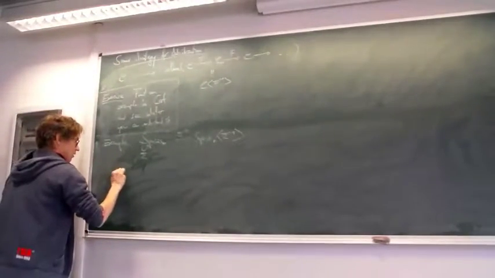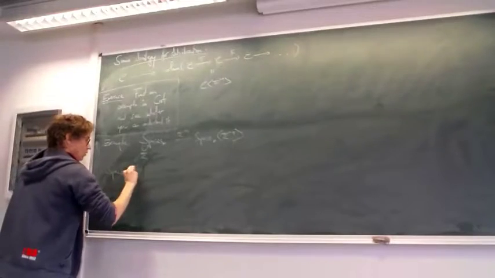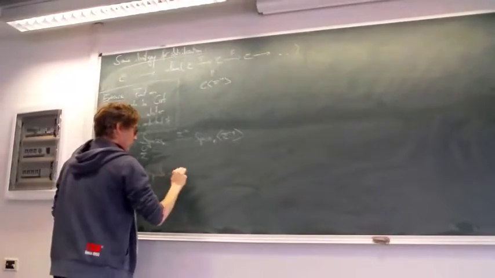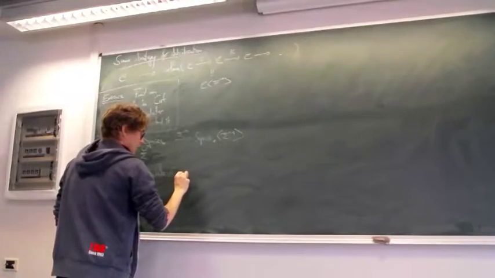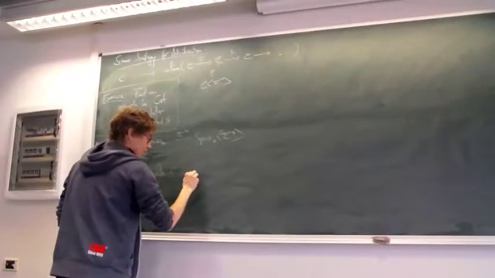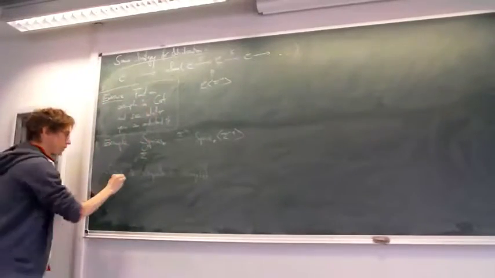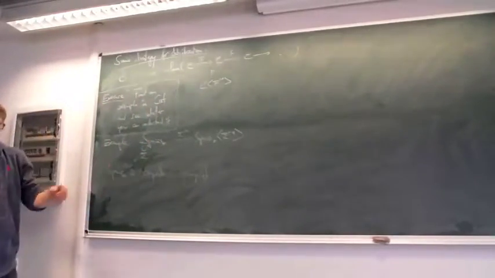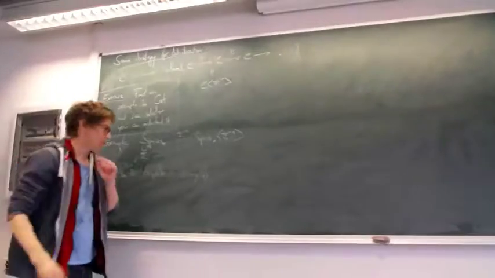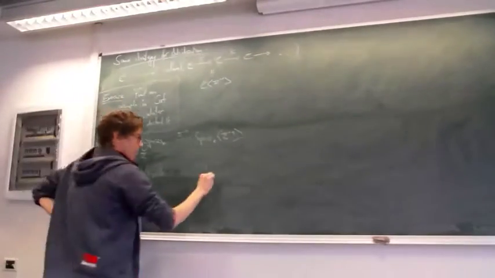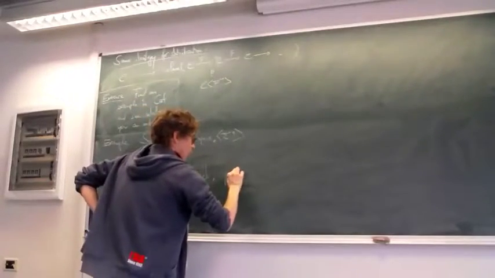Spaces is complete and cocomplete. It's an infinity topos even, but we won't say what that is. Spaces star, okay, spaces star is no longer an infinity topos. And it is what is called presentable.